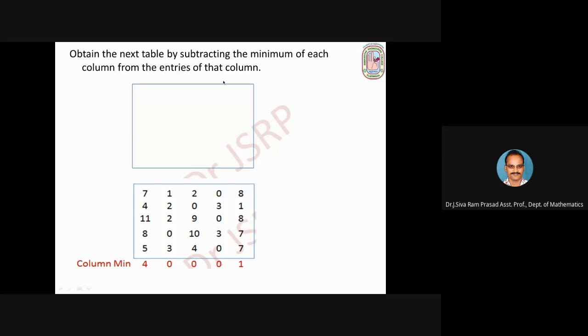Right, obtain the next table by subtracting the minimum of each column from the entries of that column.